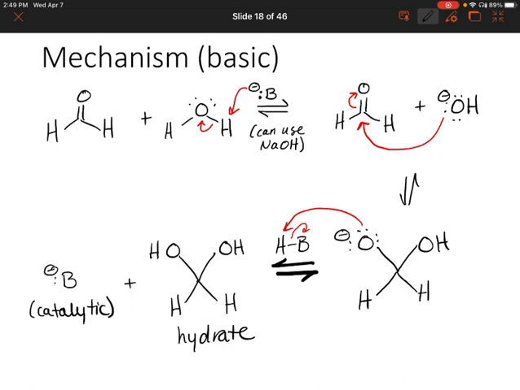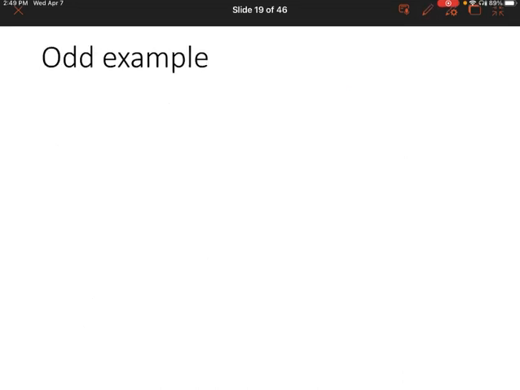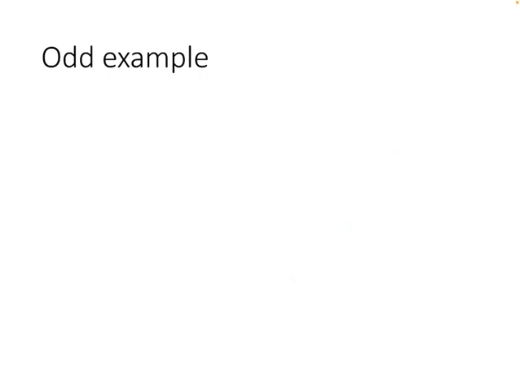Okay. Now let's look at another example. So let's say we have a ketone, but instead of two alkyl groups, we have halogens attached to each carbon.